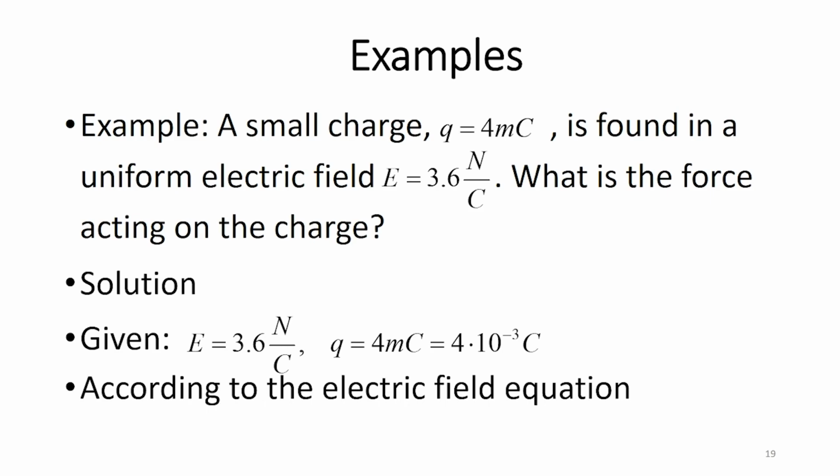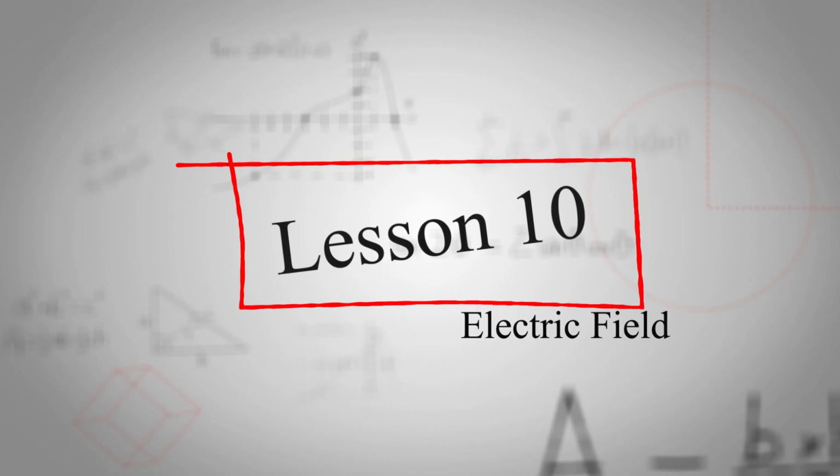According to the electric field equation, F equals Q times E, which is equal in this case to 4 times 10 to the power of minus 3 times 3.6, which gives us 14.4 times 10 to the power of minus 3 newtons. This is for now.